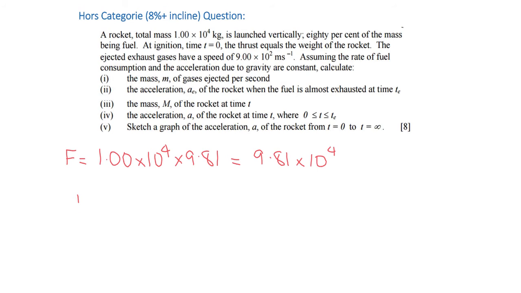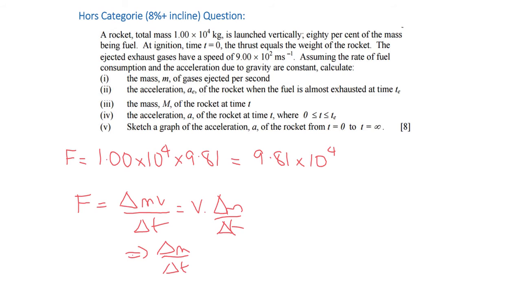So using Newton's second law, force is the rate of change of momentum. So let's rewrite that slightly like this, which means the rate of change of the mass of the object is going to be the force divided by the velocity.